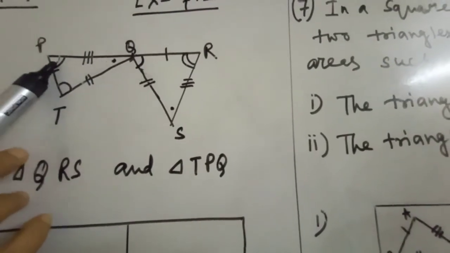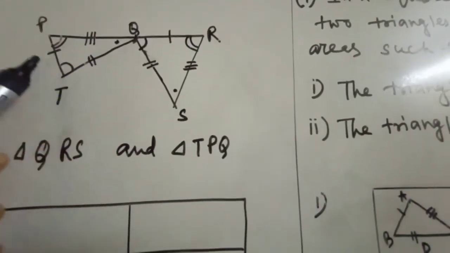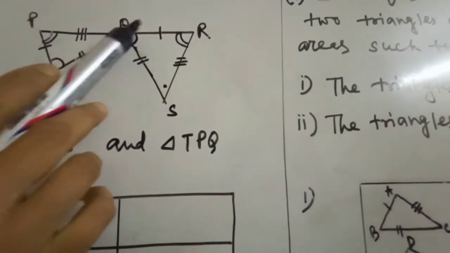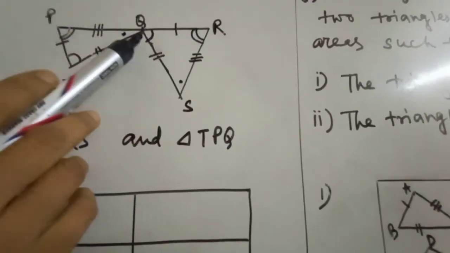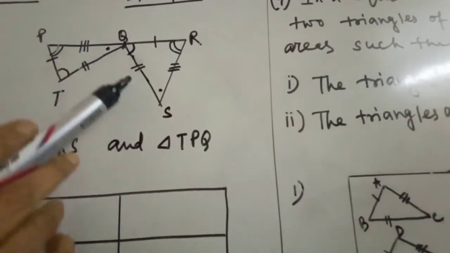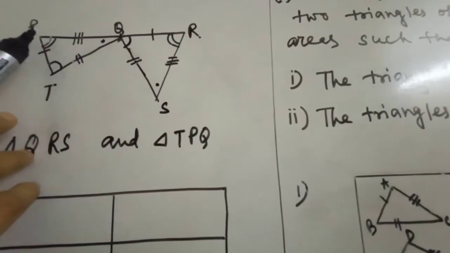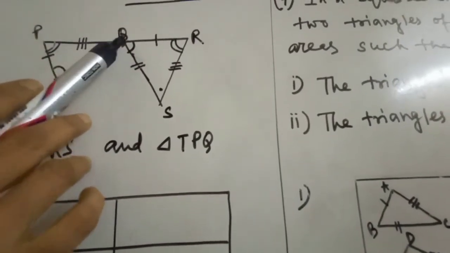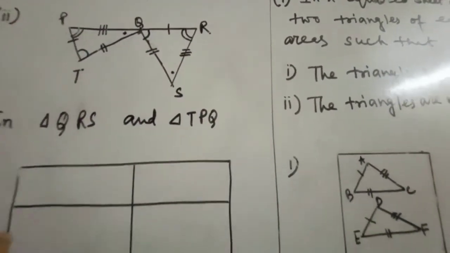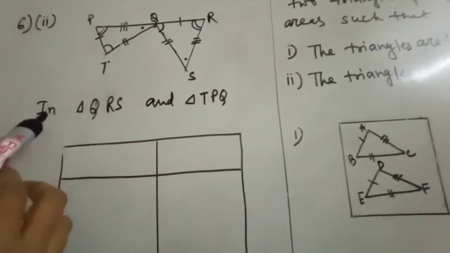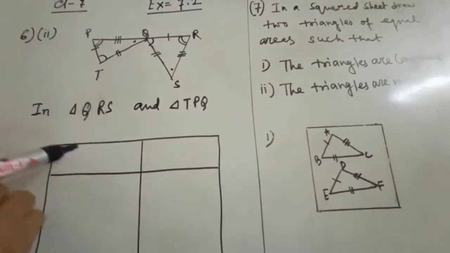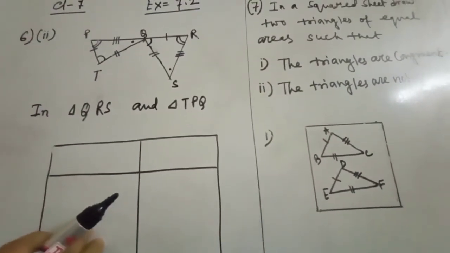And sides are also given. Side PT is equal to QR, side QT is equal to QS, and side PQ is equal to RS. You have to make these two triangles congruent, and you have to complete the congruent statement also.